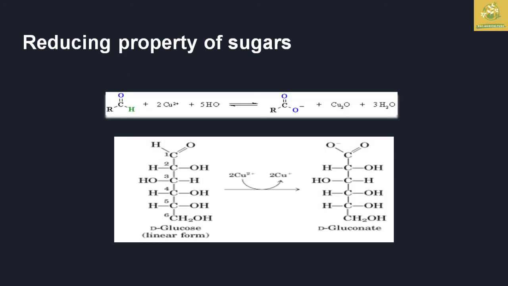I have given the formula-wise reaction of the reducing property of sugar in the upper diagram, and the second one is the total change, where the linear form of glucose is converted into a different form due to the presence of copper.